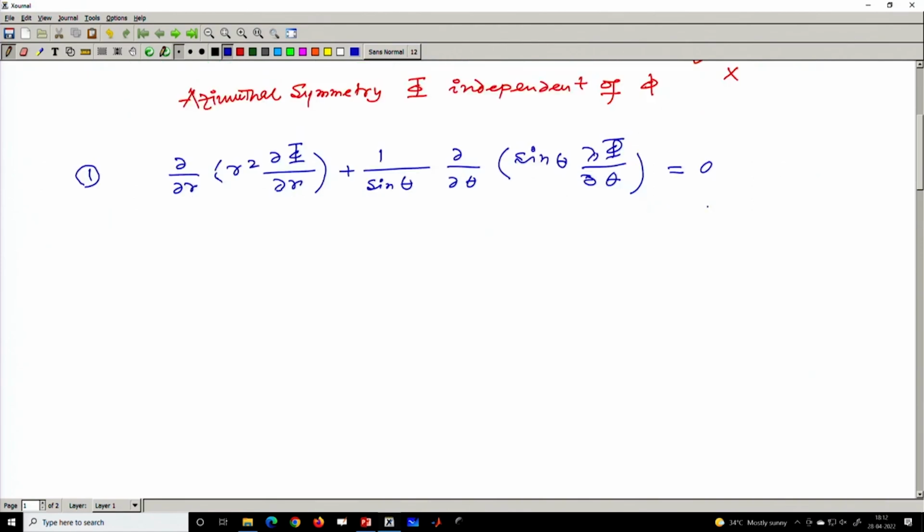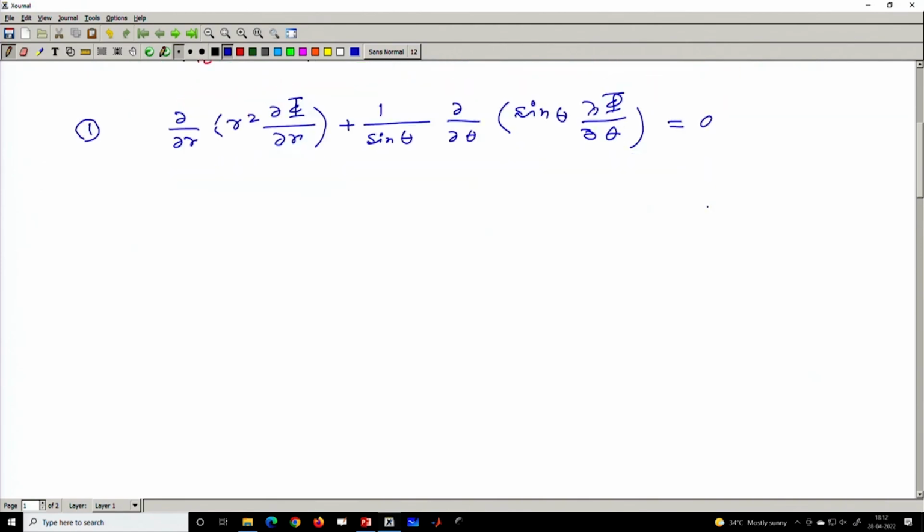Now, like the previous problem that we did in the last class, my total potential phi, which is a function of r and theta, can be written using separation of variables as R, a function of small r, and Q, a function of theta.